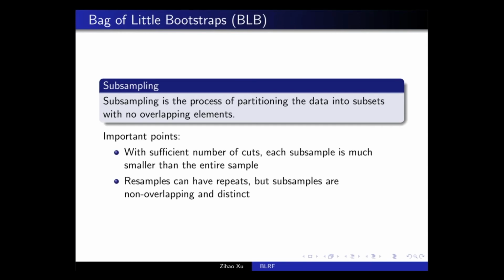First, with a sufficient number of cuts, each subsample is much smaller than the entire sample. Second, resamples can have repeats because we're sampling with replacement, but subsamples are not overlapping and are distinct. That means each observation within the subsamples cannot belong to two different subsamples, and they are all individual distinct observations.